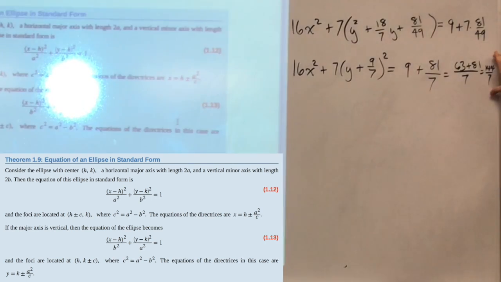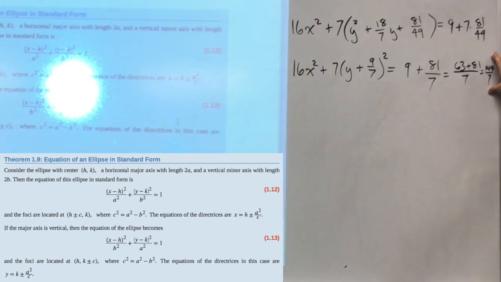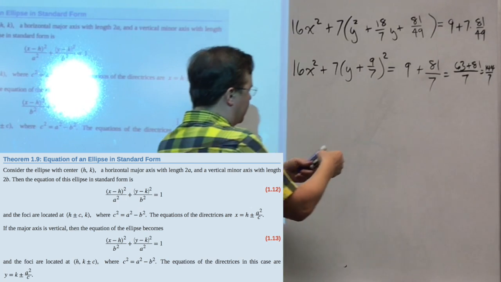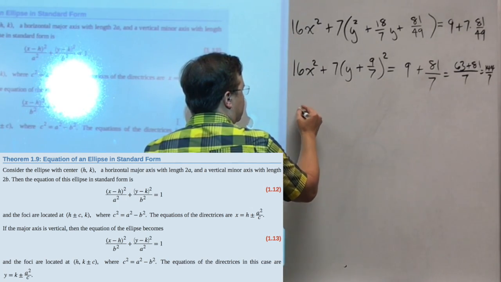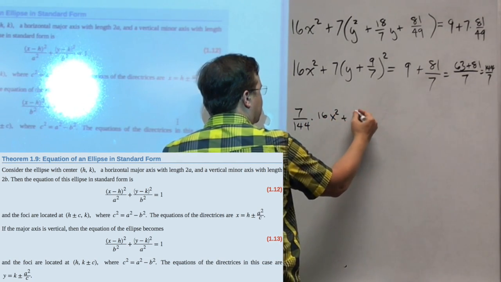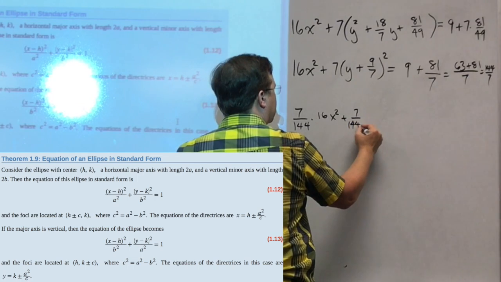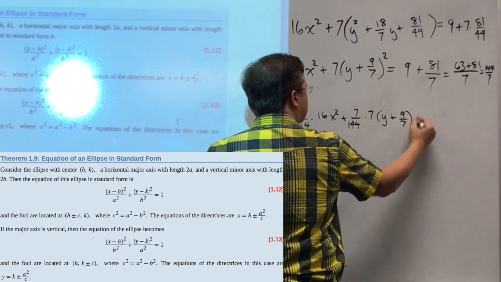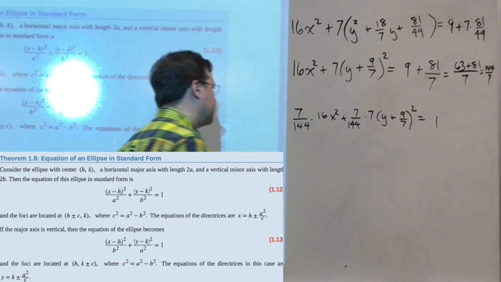And if I want to make the right-hand side into a 1, I'm going to divide both sides by this fraction, or maybe you might prefer to think of it as multiplication by 7 1/44. So if I multiply both sides by 7 1/44, I'm going to get 7 over 1/44 times 16x squared plus 7 over 1/44 times 7y plus 9/7 squared equals 1.